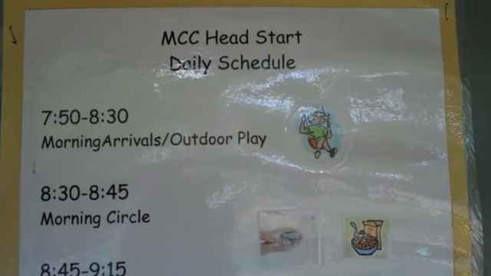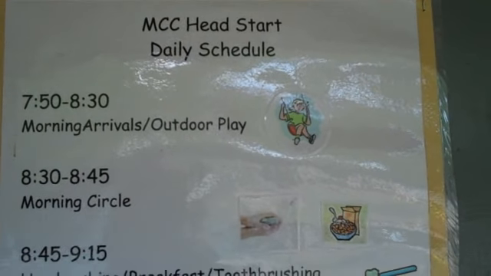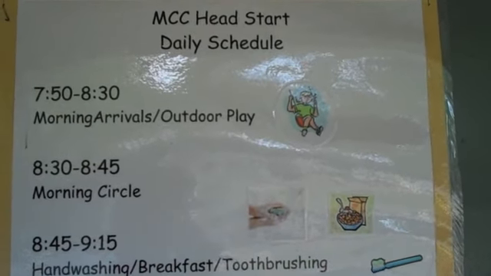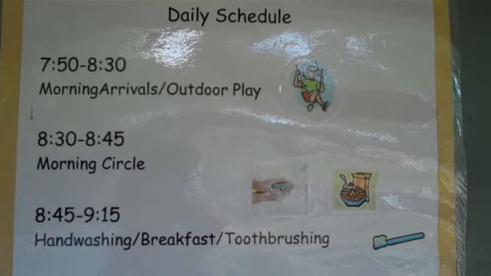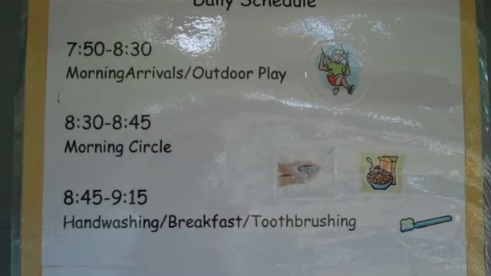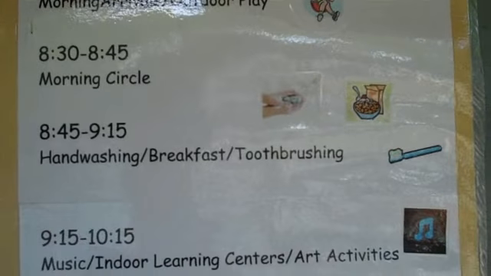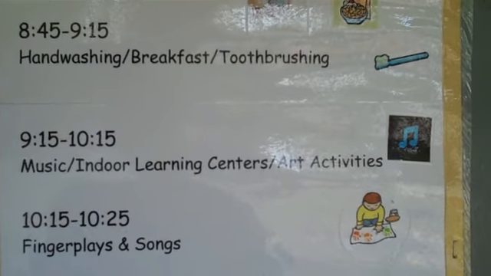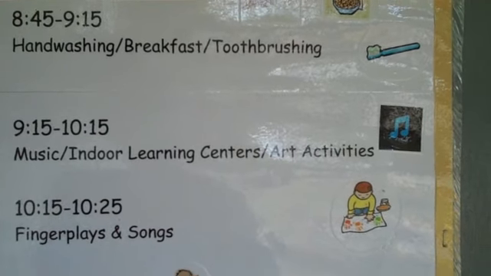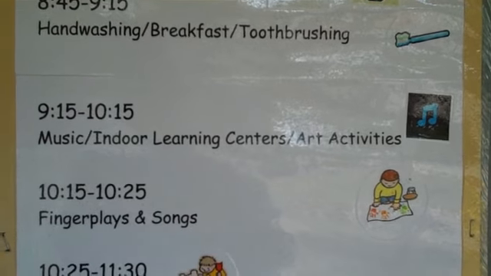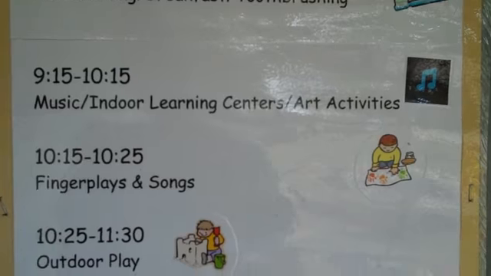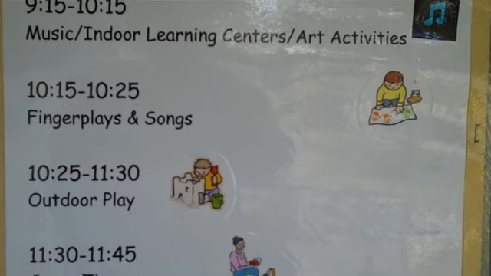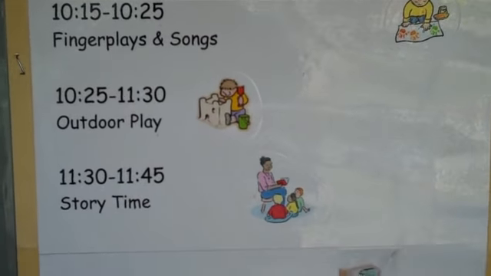The daily schedule is posted right by the door, so you can see that they arrive in the morning and they can play outdoors. We have a short group time, do hand washing and breakfast and toothbrushing. And then we have music and indoor learning centers and art activities. And we do finger plays and songs and go outside.